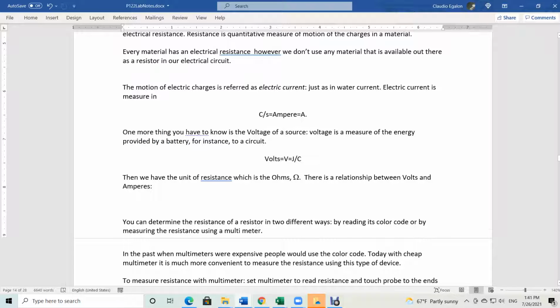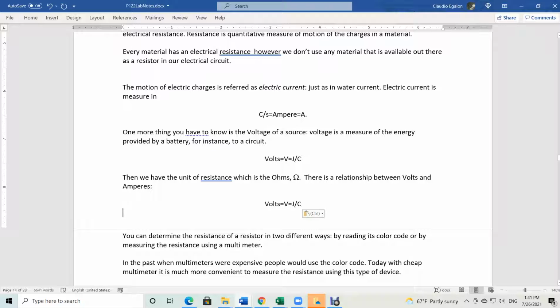Volts is equal to resistance times current.